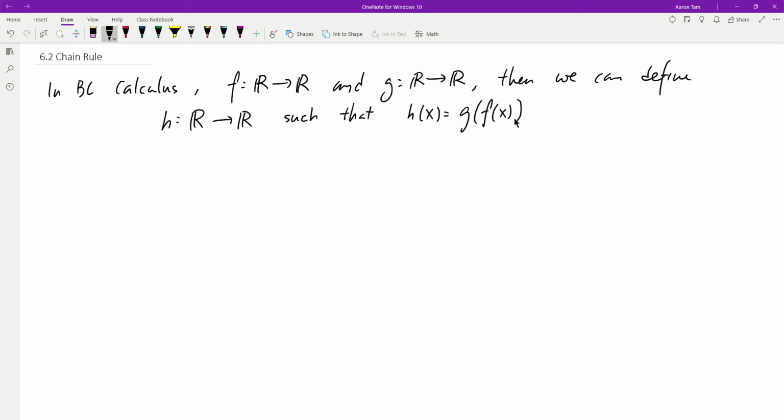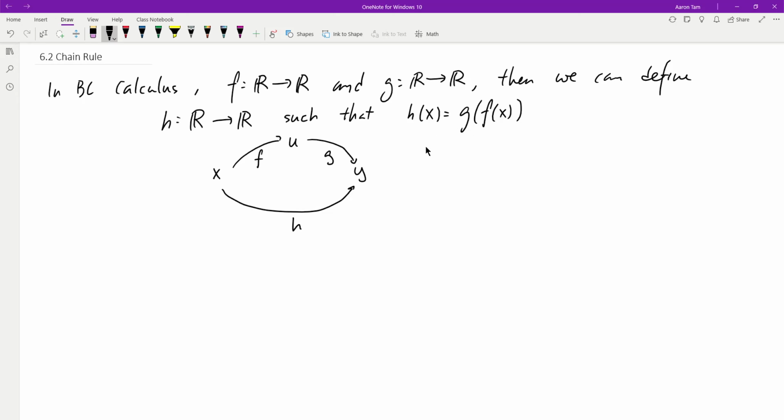So in this scenario, remember the general idea is the following. Let's say we start with x, then the function f would generate a value u, and then u goes through function g and would give you y, and then the function h would directly take you from x to y.